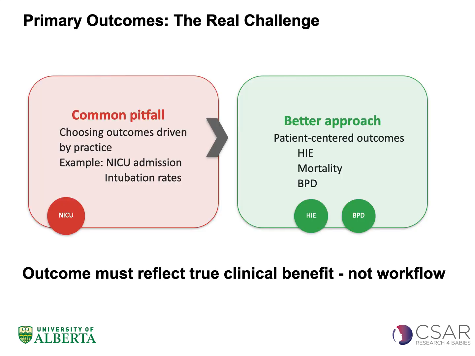The primary outcome needs to be something which is a patient-centered outcome, mortality, BPD, or HIE, because they are the same across each cluster. Outcomes which are more driven by practice, like rates of intubation or NICU admissions, are more challenging because they are different at any NICU, for example.